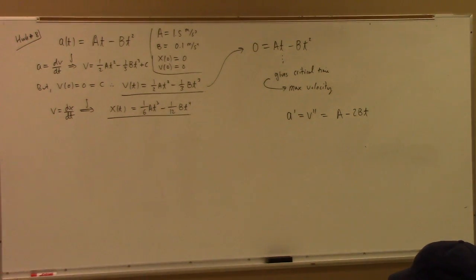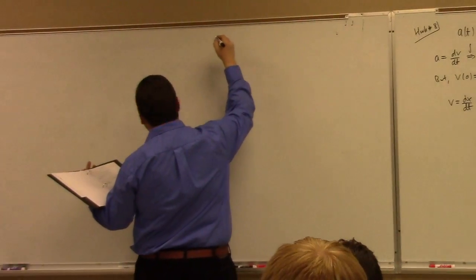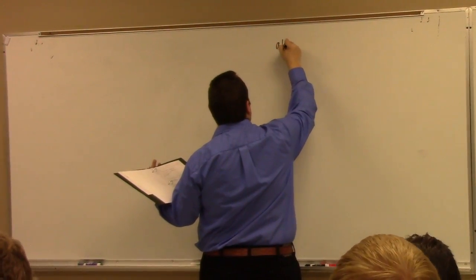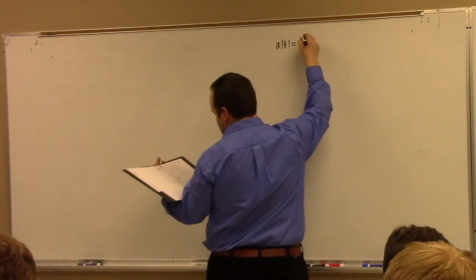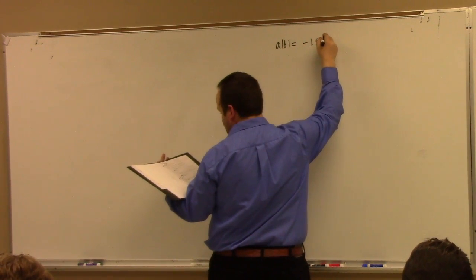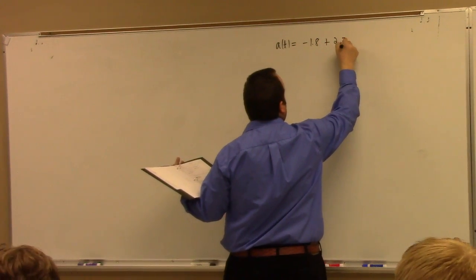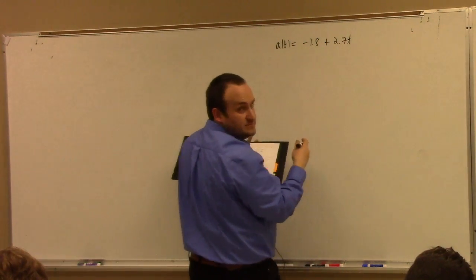I will agree. So the problem you were actually trying to ask me about was my number 9. We're given the acceleration of a particle. For me, a of t is minus 1.8 meters per second squared plus 2.7 times t. Something like that, right? Yeah.